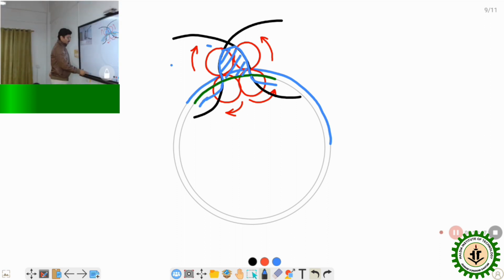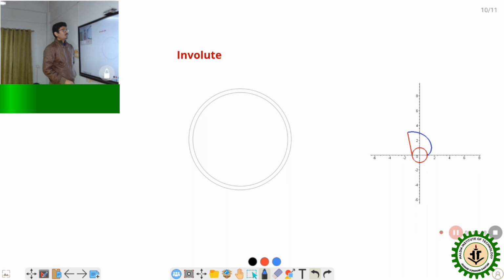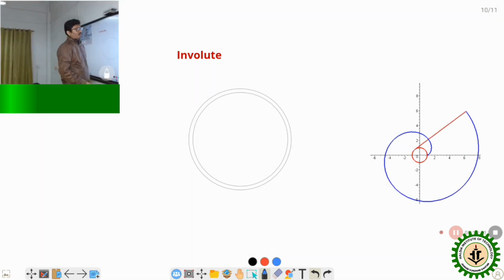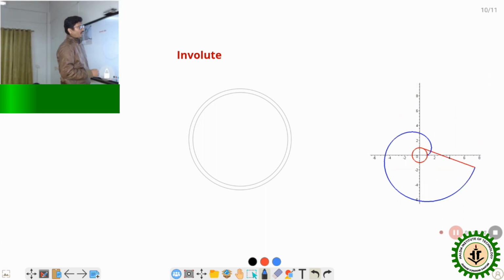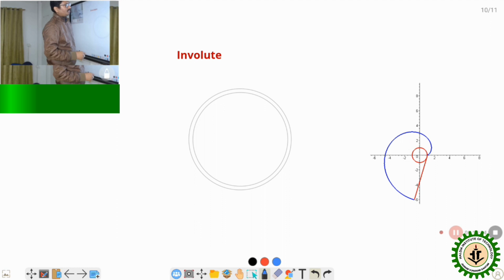Now the second one is the involute tooth profile. What is an involute? For that you can see the animation here. In the involute tooth profile, you can see what an involute of a circle is.